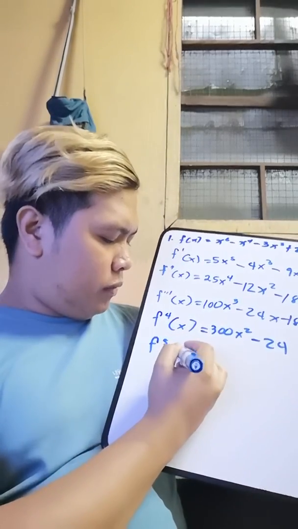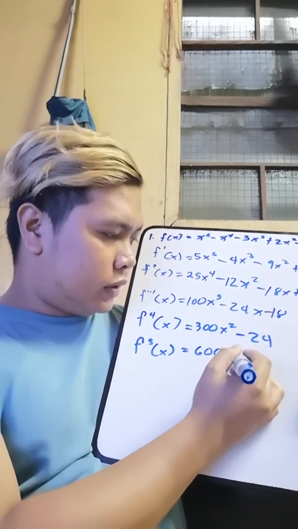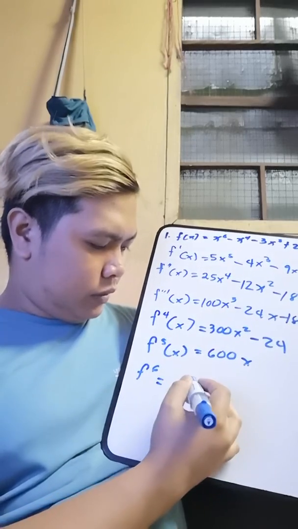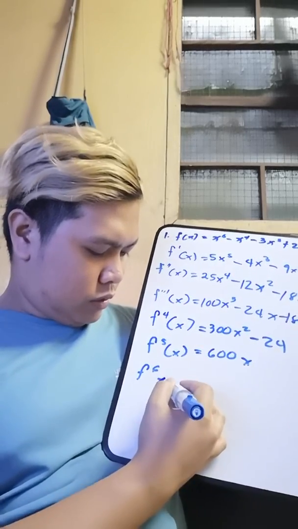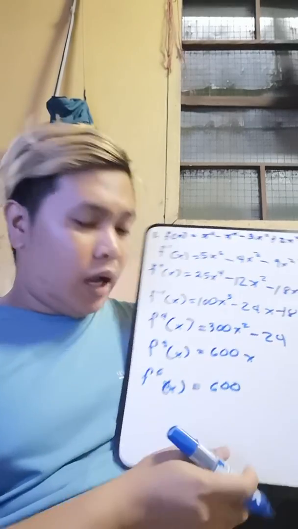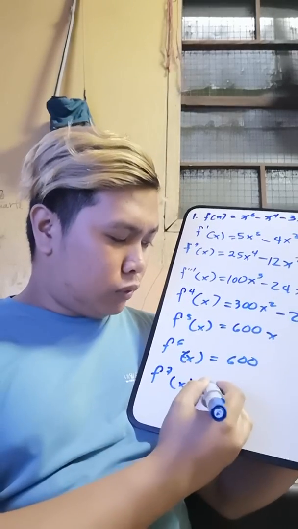F of 5, the fifth derivative would be 600x. And then f of 6 would be 600. And then pagdating sa f of 7, 0 na.